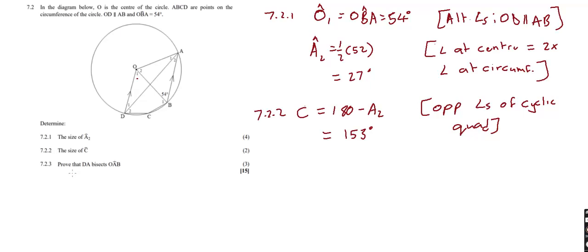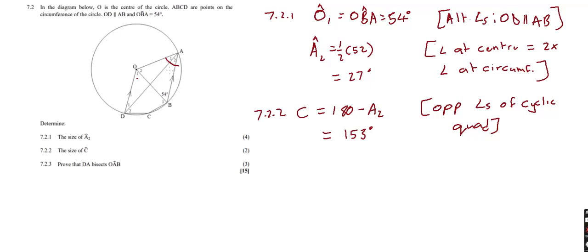And then prove that DA bisects OAB. DA, where is our DA? DA bisects the angle OAB. So to bisect is to cut into 2 equal halves.